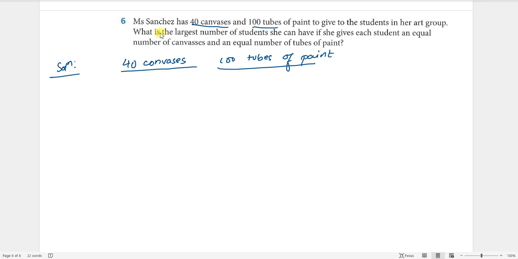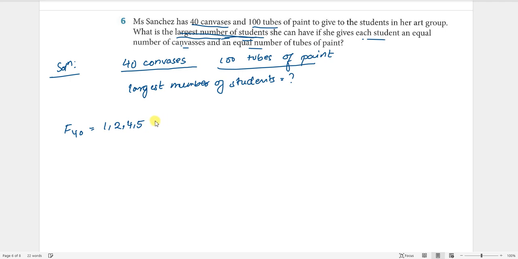So we have to find the largest number of students. We have F40 is equal to 1, 2, 4, 5, 8, 10, 20, and 40.